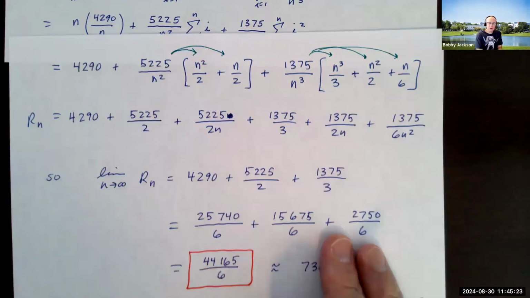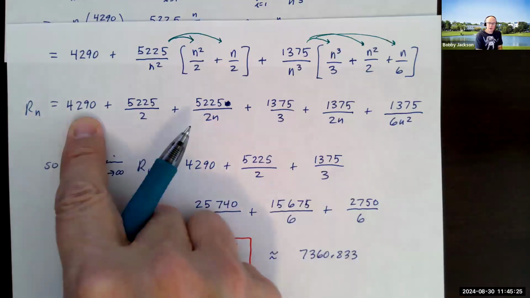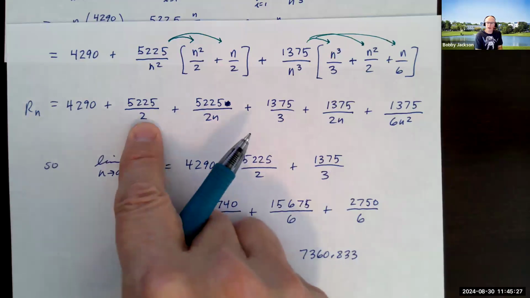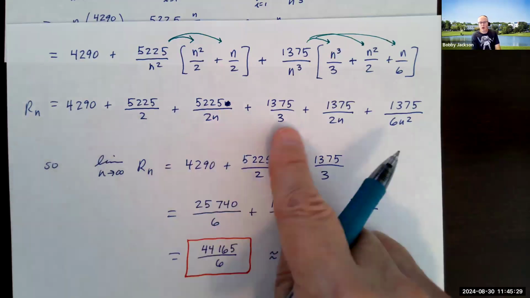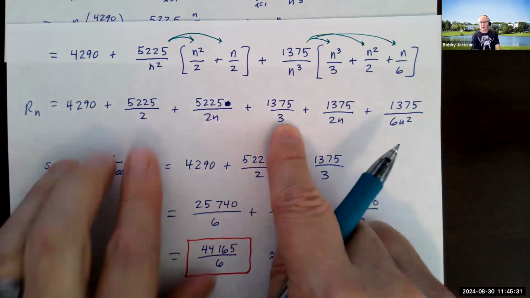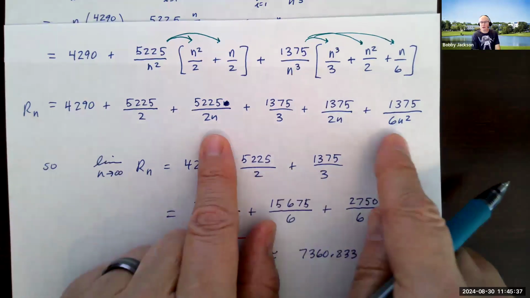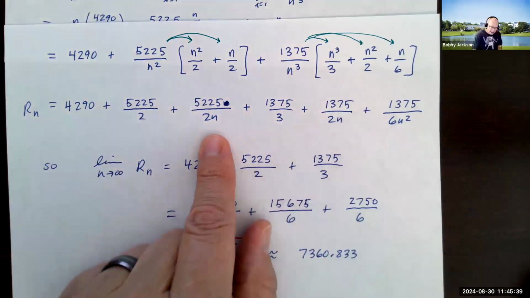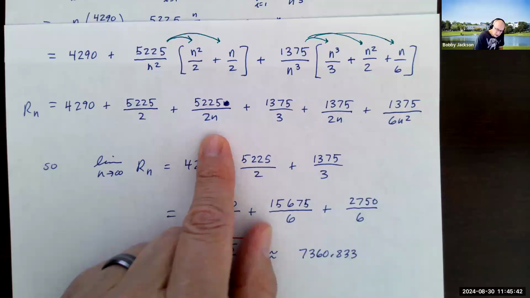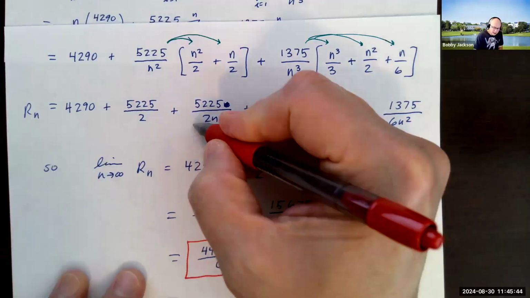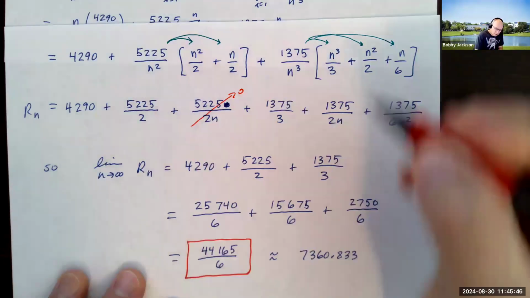Well, the first term, this second term, and this term over here, they're all constants. There's no n at all in them, so they're just going to stay the same. But look at these three fractions with the variable n or n squared in them. As n goes to infinity, right, this thing is going to 0.